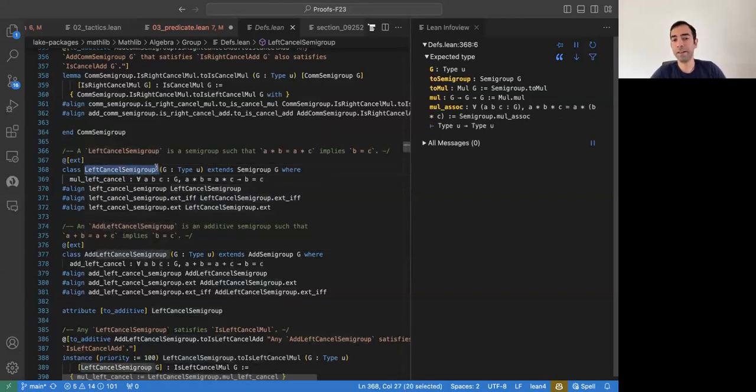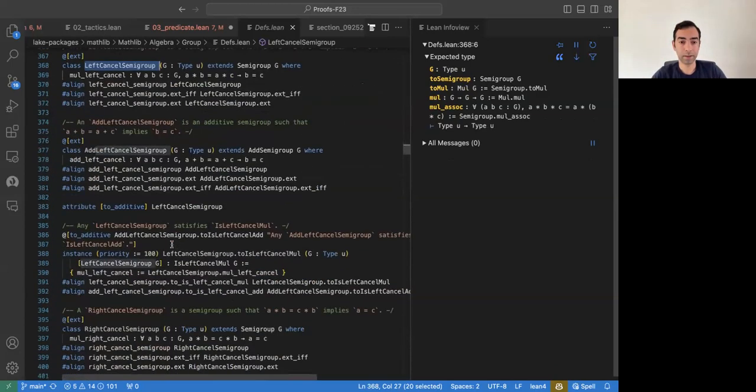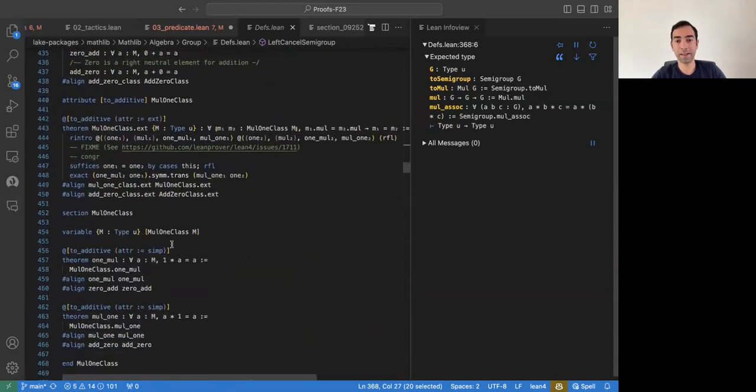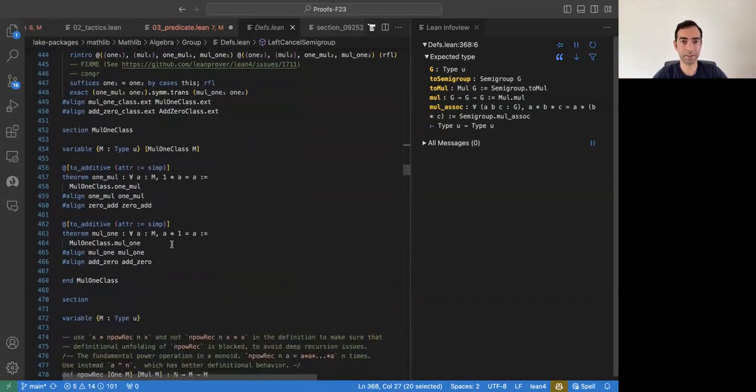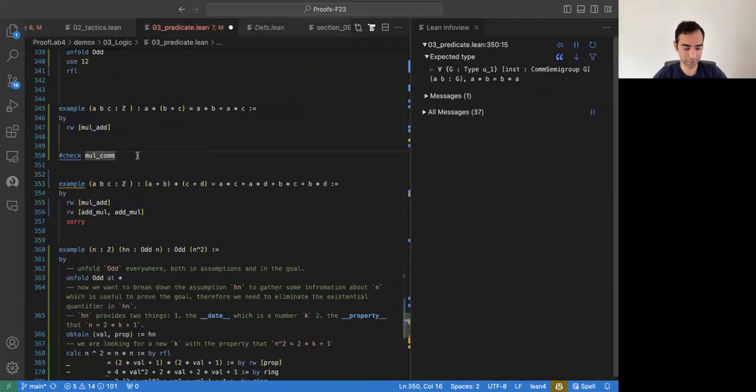Integers turn out to be, maybe just positive integers, a left cancellative semigroup. So you can definitely explore these libraries, but maybe that's not the most efficient way to find the lemmas.